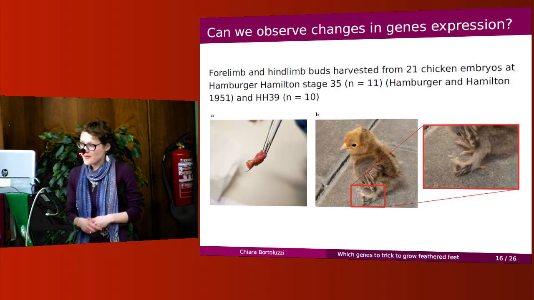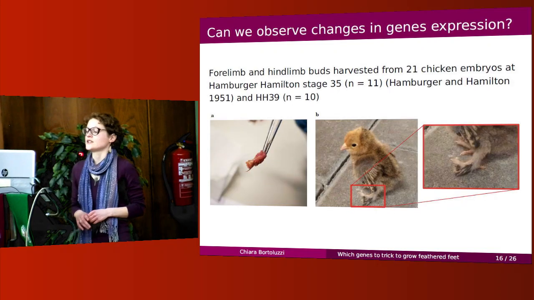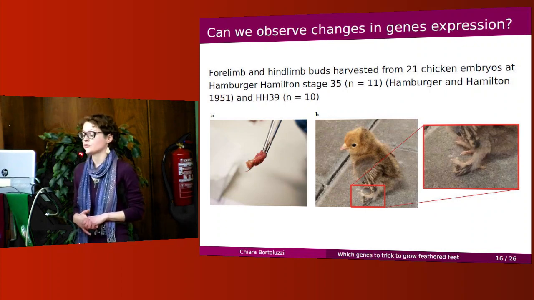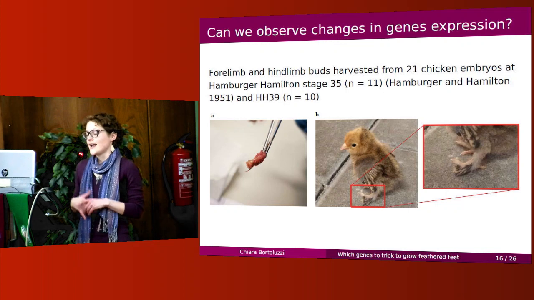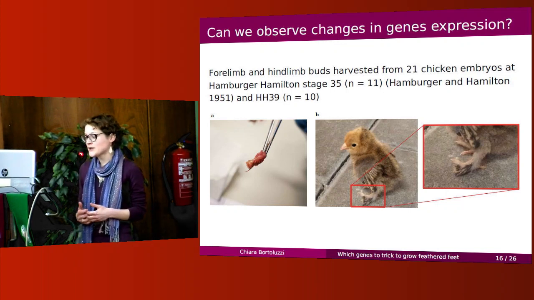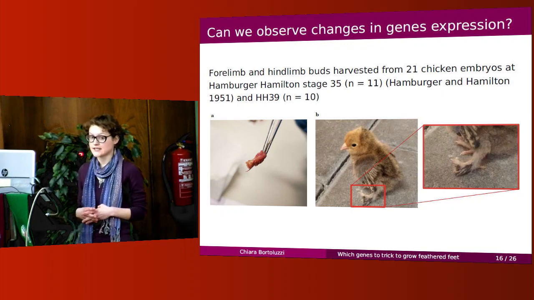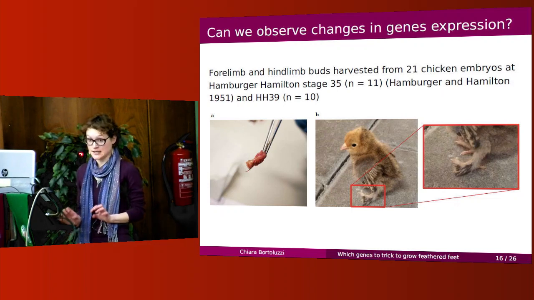So we also took another step to look more into details into the two candidate genes that we had, and to do that we had to sacrifice 21 chicken embryos at different time points at day 9 and day 13, and we collected fore limbs and hind limbs. So we collected the wings and the legs.